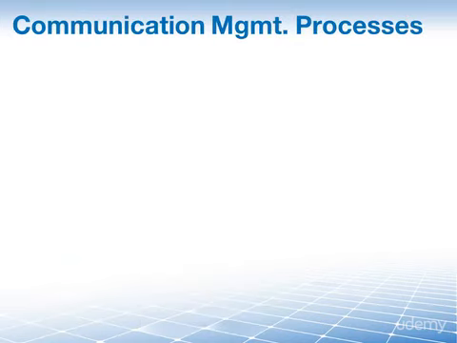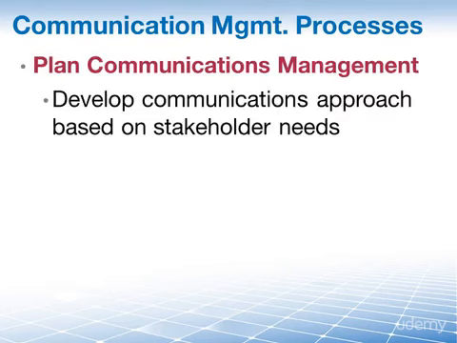And when it comes to the processes that the PMBOK Guide gives us to do all of this, it pretty much follows the plan, do, check, act cycle, which means we start out with planning. The plan communications management process is the process of developing an appropriate approach and plan for project communications based on stakeholders' information needs and requirements and available organizational assets.